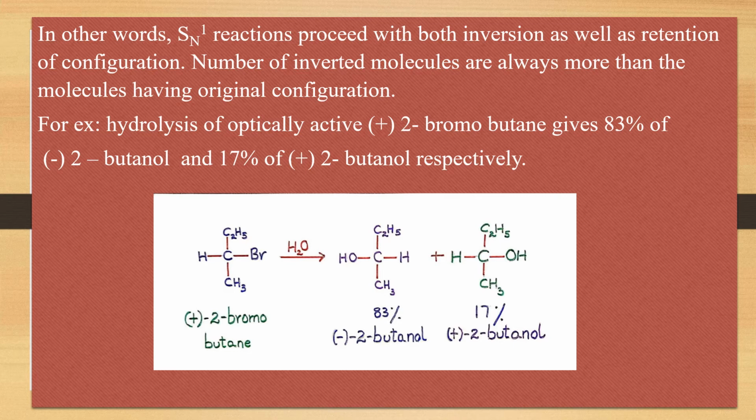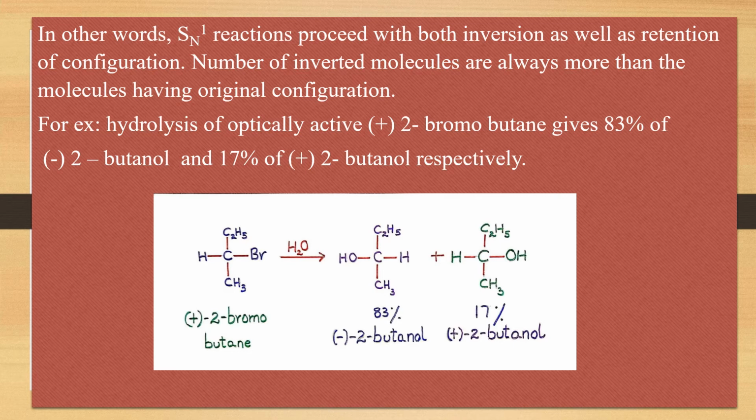Now if you look at the example, you will understand completely the stereochemistry of SN1 reaction. What did I take here? I have taken (+)-2-bromobutane, which is optically active. Look at the structure of (+)-2-bromobutane.